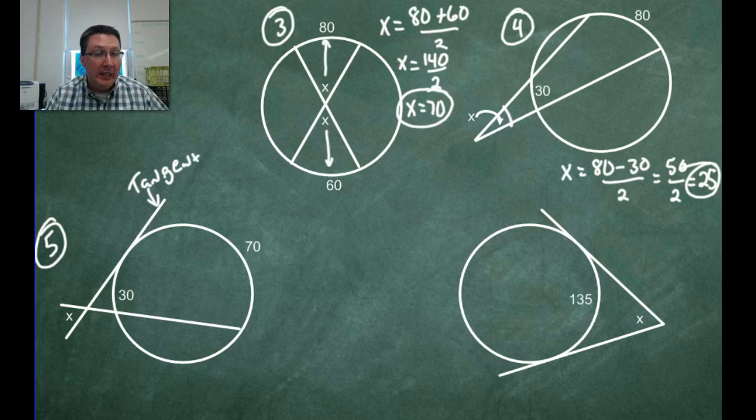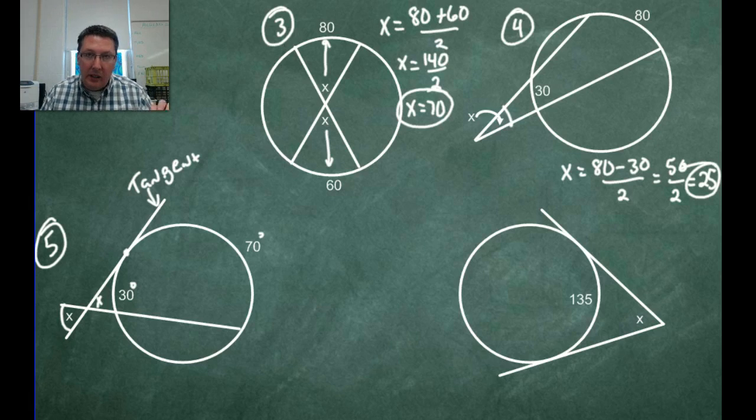It's a tangent line. When we have that tangent line, our point of tangency is here. We still have an arc formed, a 30-degree arc here, and a 70-degree arc out here. I look at where the angles are, or the line segments are intersecting. This angle x is here. Now, I also want to know that this angle is also x because they're vertical angles.